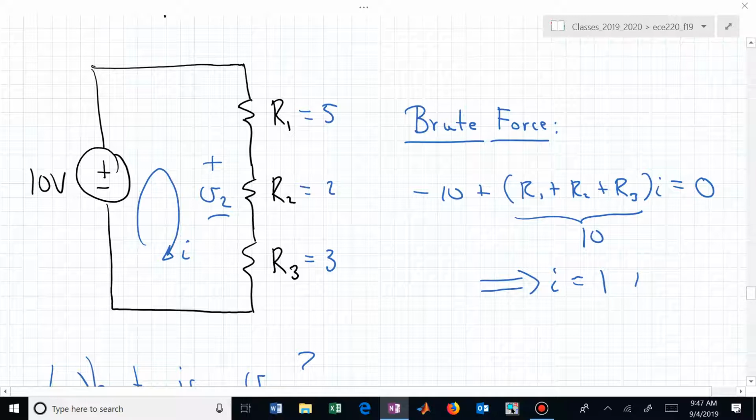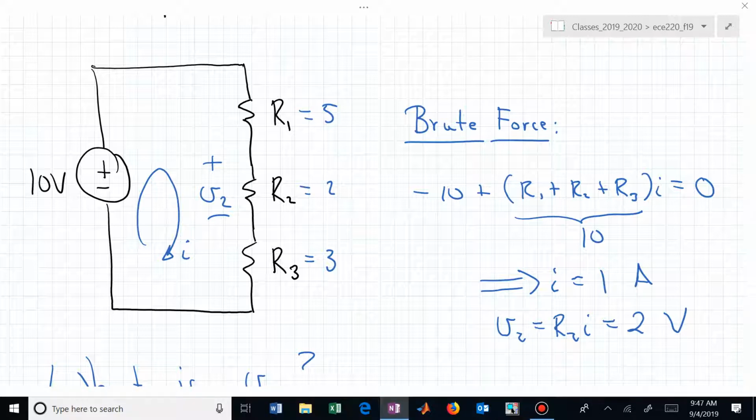I is equal to 1 amp, so V sub 2 is R sub 2 times I, which is now 2 volts. 2 times I, which is 2.